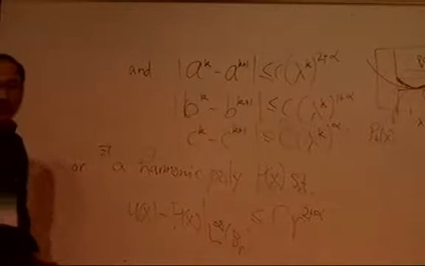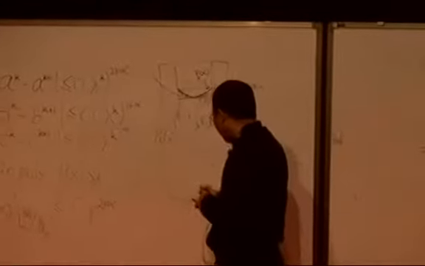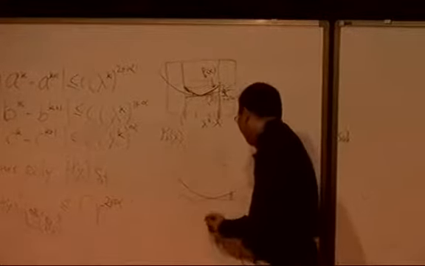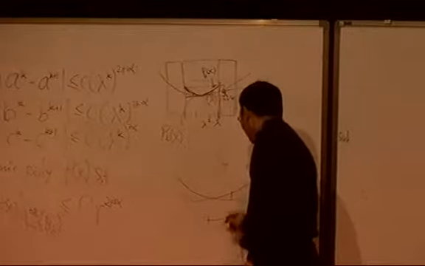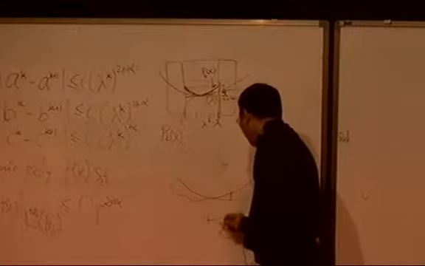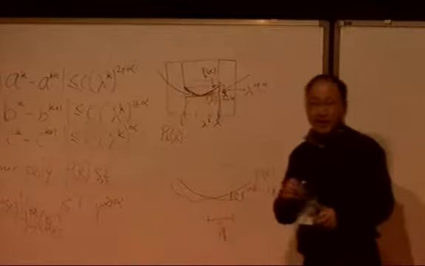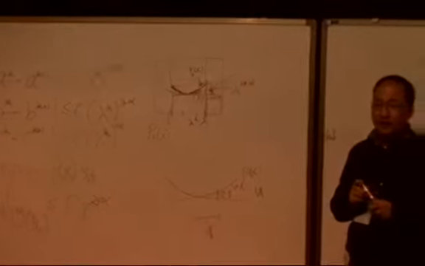So in other words, you have solution u, and then you have approximation p of x, a harmonic polynomial, and this error, this is lambda, this is r, and this error is r to the 2 plus alpha. Okay? And that is the C^2,alpha estimate.